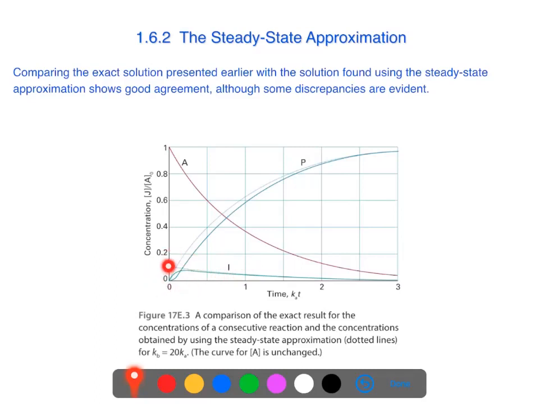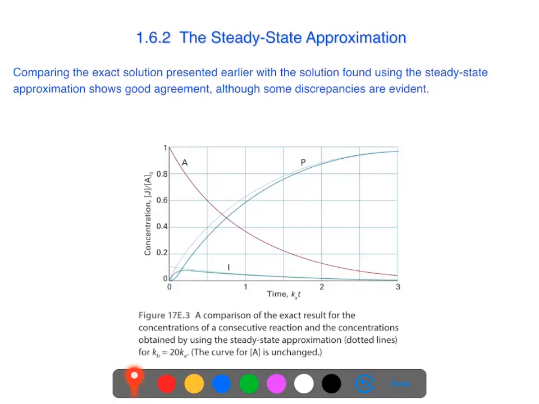We show that the intermediate starts a little bit higher, which we know is not the actual case because in reality, A needs to decay before I can form. And so realistically, the exact solution for the intermediate is shown in the dark blue curve, where we see some growth before we have very good agreement with the steady state approximation.